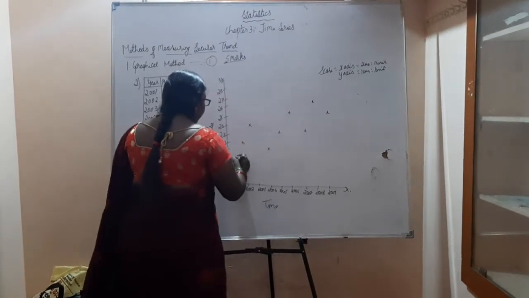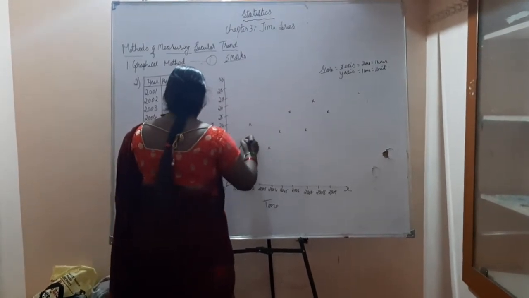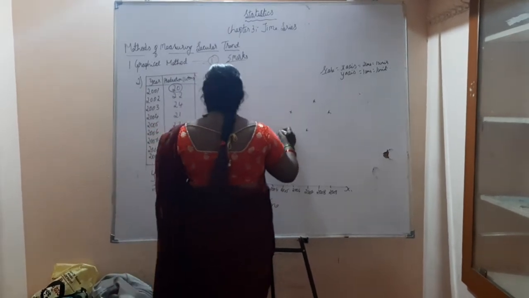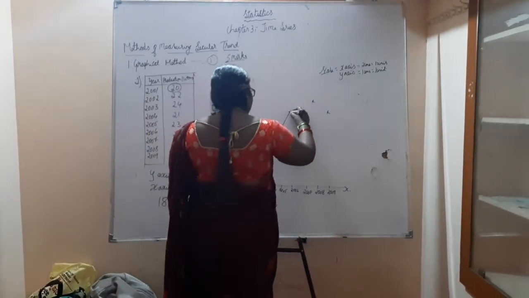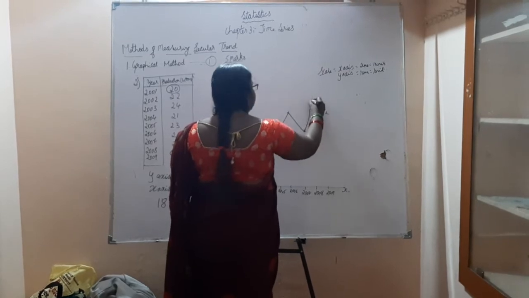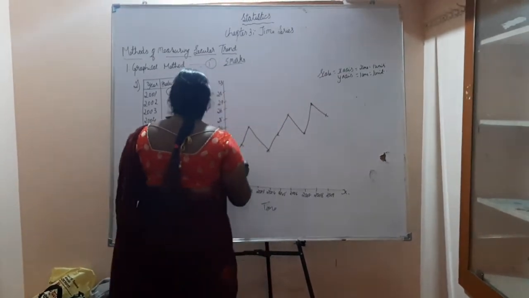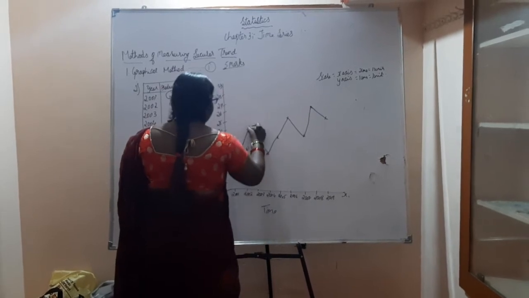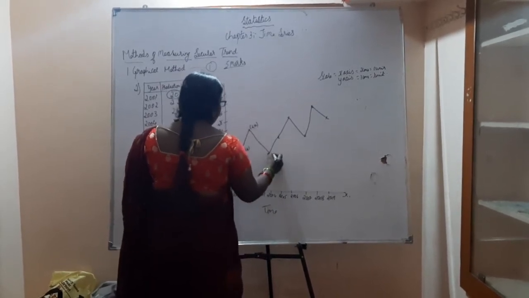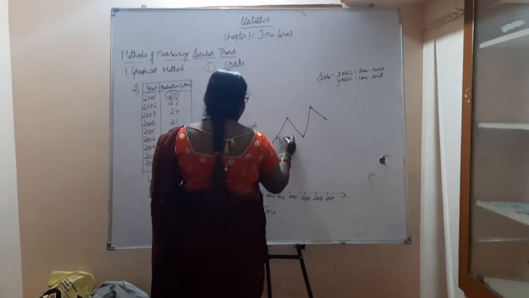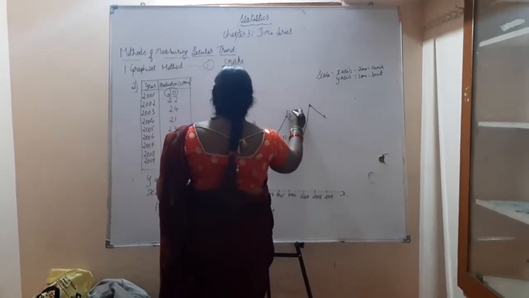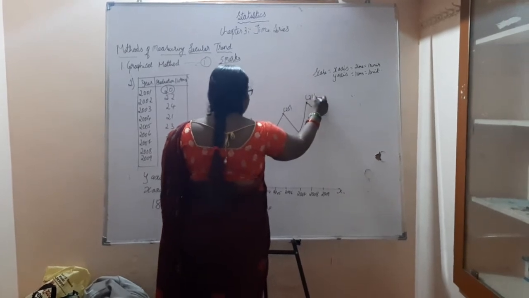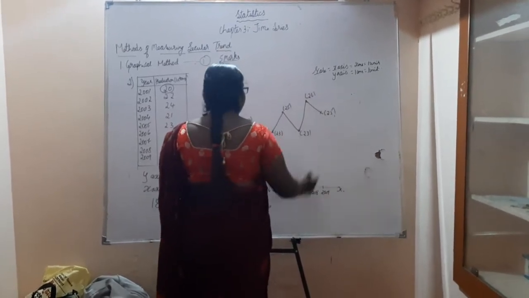My graph plotting: 20, 22, 24, 21, 23, 25, 23, 26, and again 25.